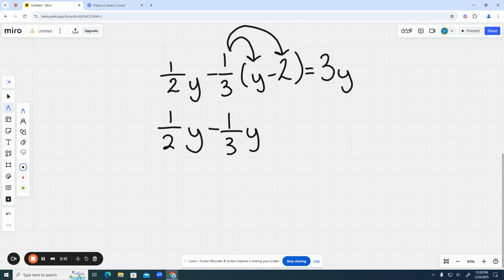So we have negative 1/3 times negative 2, and we're just going to do negative 2 times 1 over 3. You just multiply by the numerator, then keep the denominator the same. However, minus times minus gives us a positive, and we're going to get positive 2/3. And we're going to keep the right side the same.